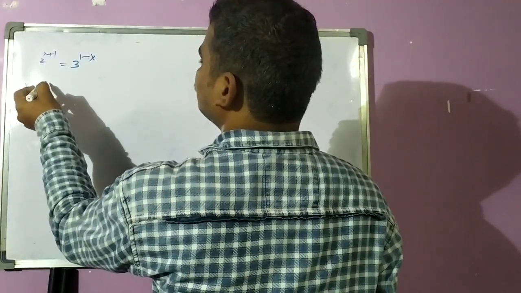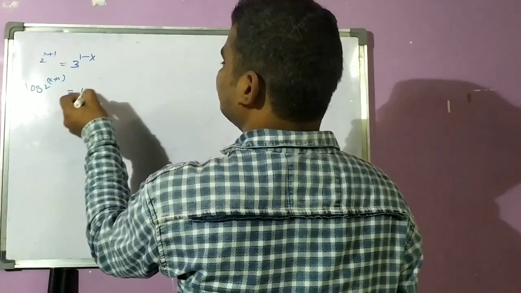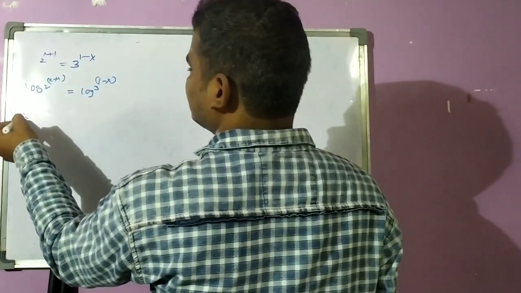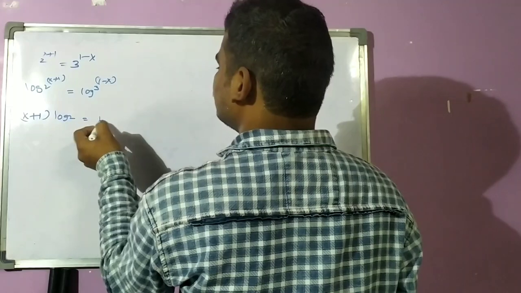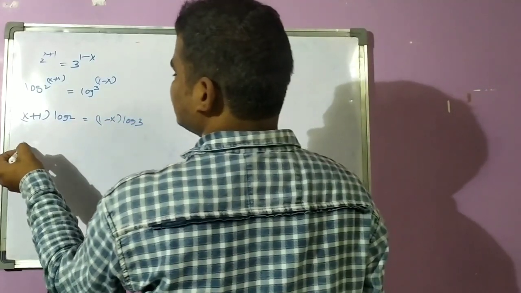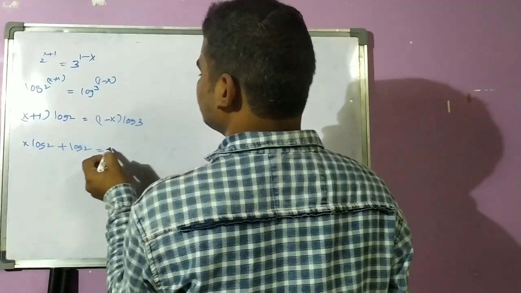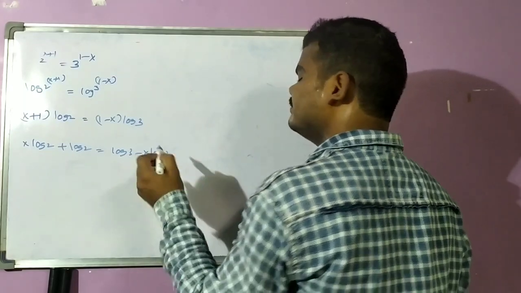Logarithm of 2 to the power of x plus 1 is equal to logarithm of 3 to the power of 1 minus x. x plus 1 into log 2 is equal to 1 minus x into logarithm of 3. So x log 2 plus log 2 is equal to log 3 minus x log 3.